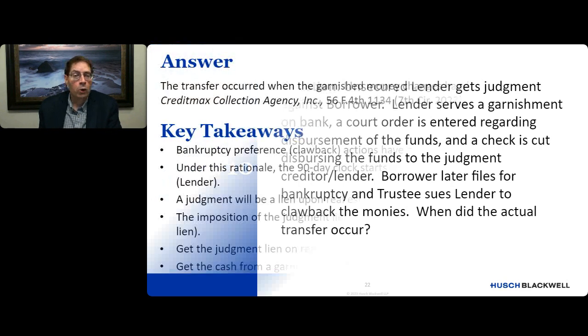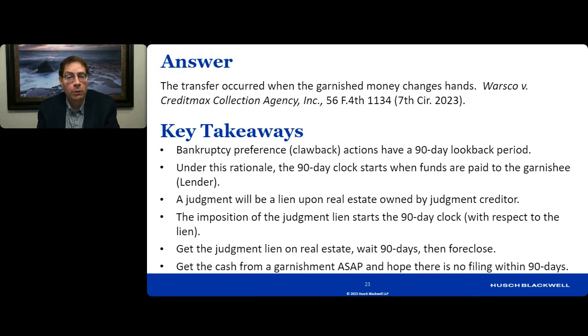Well, according to the Seventh Circuit Court of Appeals, which covers Illinois, Indiana, and there's one other state my mind's drawing a blank on, but they're in the Midwest, Wisconsin, the transfer occurs when the monies transfer hands. And the Seventh Circuit here relied on a Supreme Court case for this.